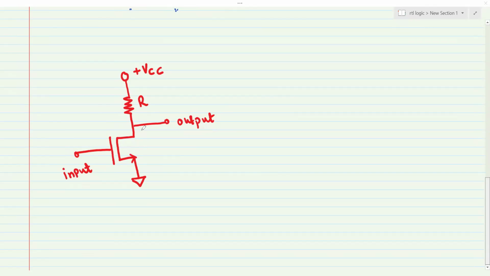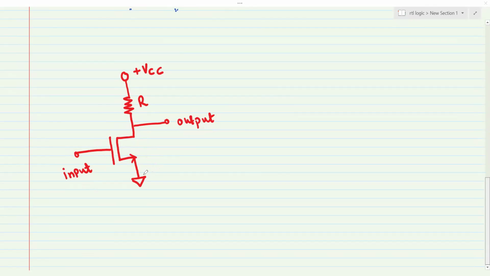This transistor has three pins: the drain, the source, and the gate. The resistor is connected between the drain pin and the pin VCC, that is the higher supply voltage. Source is tied to the ground, that is the lowest supply voltage, in the output.